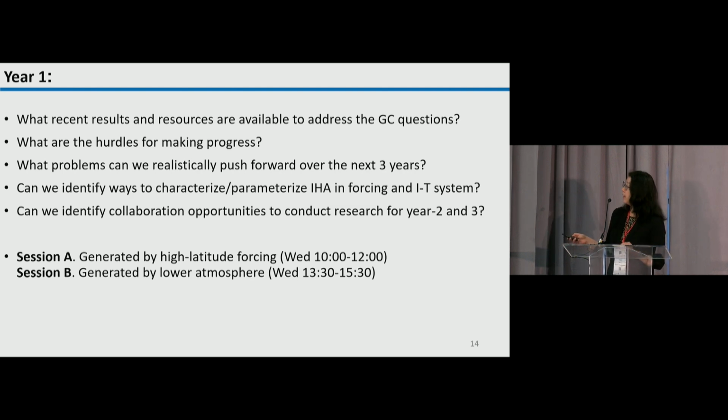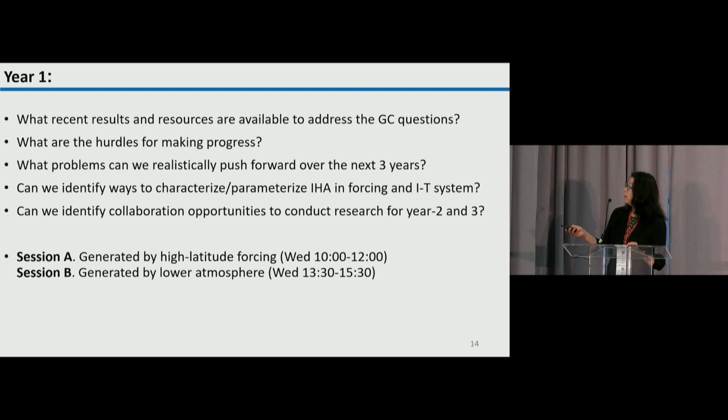Specifically for the first year, we would like to start with a short list of questions. First, what recent results and resources are available to address the questions? I list several of them, but by no means do I try to be complete. We're open to suggestions. I know people have fantastic ideas. Feel free to talk to us or provide us suggestions.